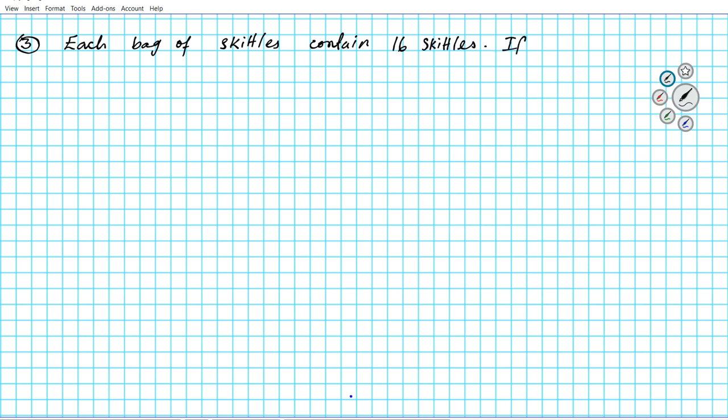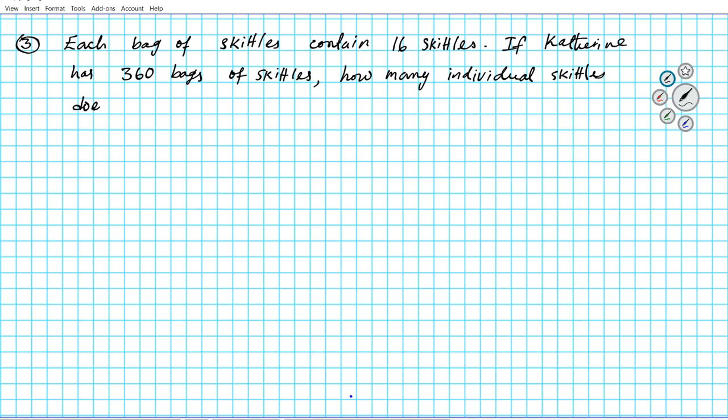If Catherine has 360 bags, that's a lot, has 360 bags of Skittles, how many individual Skittles does she have?